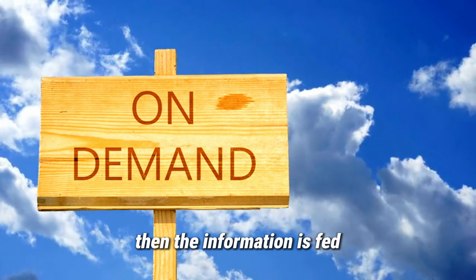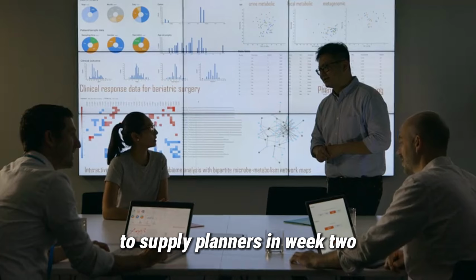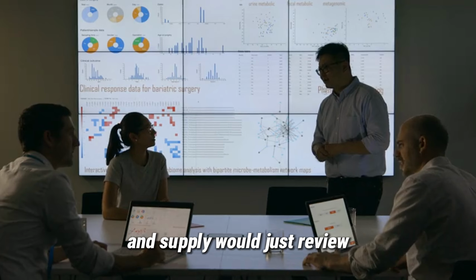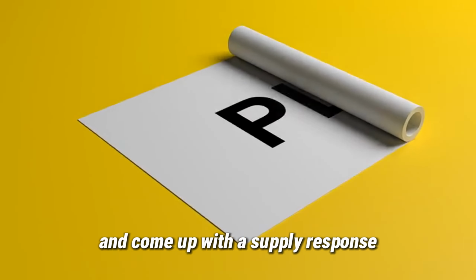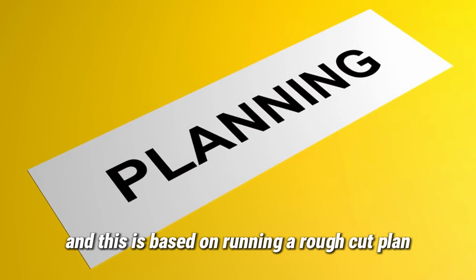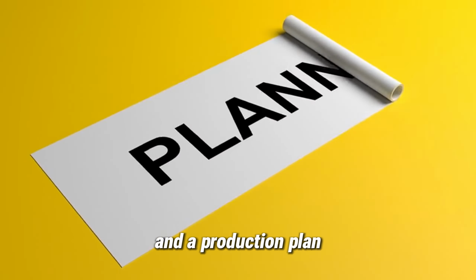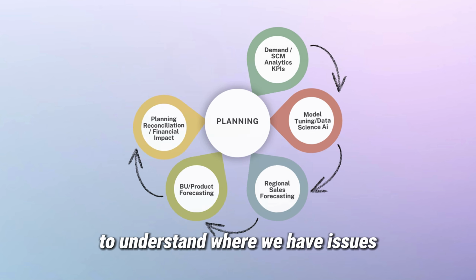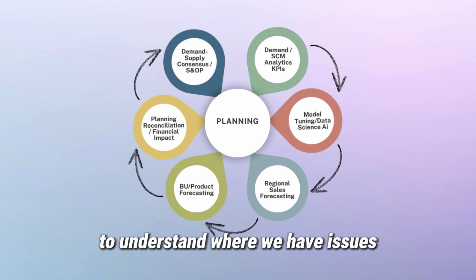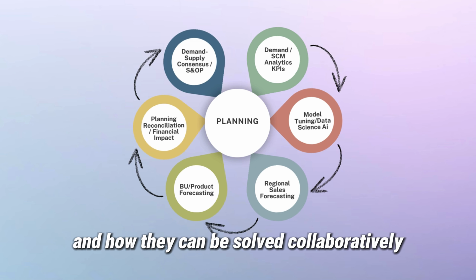Then the information is fed to supply planners in week 2, and supply would just review and come up with a supply response. And this is based on running a rough cut plan and a production plan. Now, the final step would be a demand-supply dialogue to understand where we have issues and how they can be solved collaboratively.